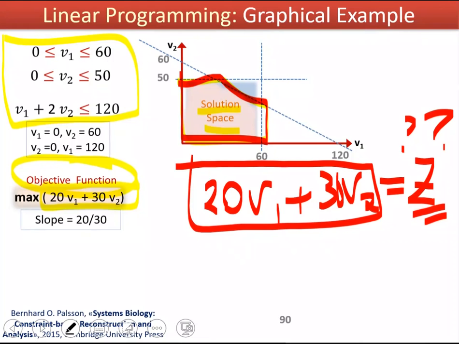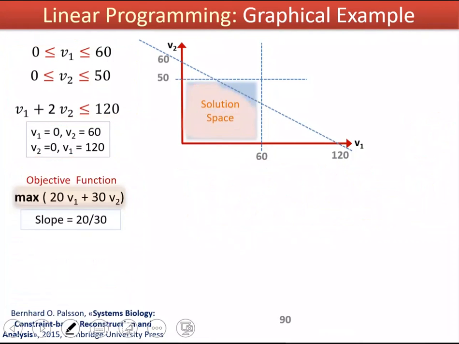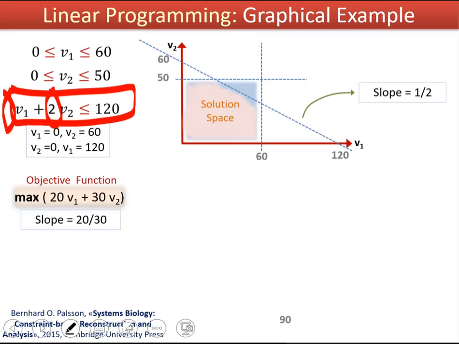At this point, let me remind you how we can easily calculate the slope of a line. For this line, for example, if we are asked what the slope is, it is the deviation of the y-axis, in this case represented by V2, over the x-axis. So the slope of this line is 1 over 2, because 1 is the coefficient of V1, the x-axis representation, and 2 is the coefficient of V2.